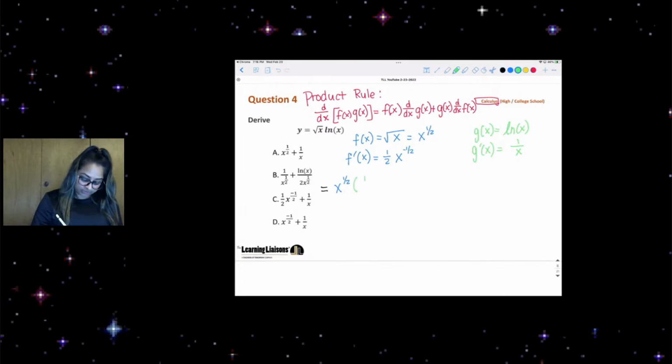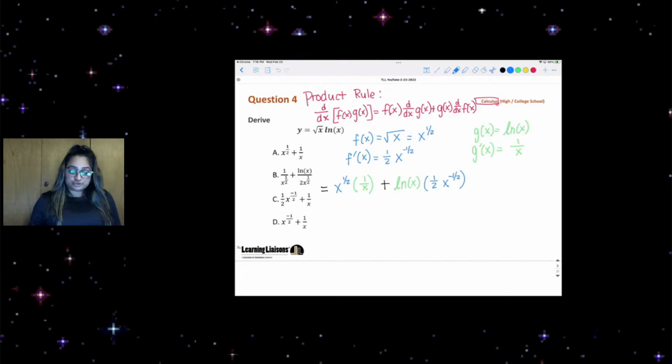So I'm going to multiply that by 1 over x. And then I'm going to add, what am I adding? I'm adding g of x, which is ln of x, multiplied by the derivative of f of x, 1/2 x to the negative half power.